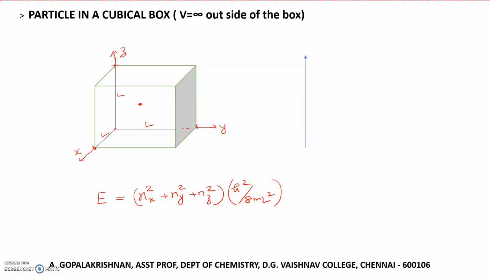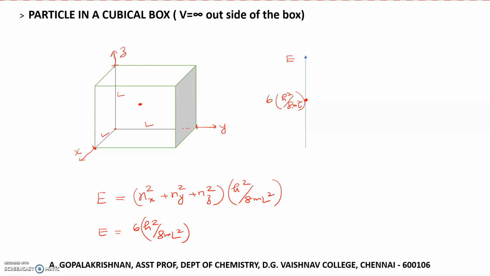Now in order to understand the Jahn-Teller distortion, I'll choose a particular energy level, say energy 6 times h square by 8mL square. So this is the energy axis, and I'm choosing a particular energy level whose energy is 6 times h square by 8mL square.